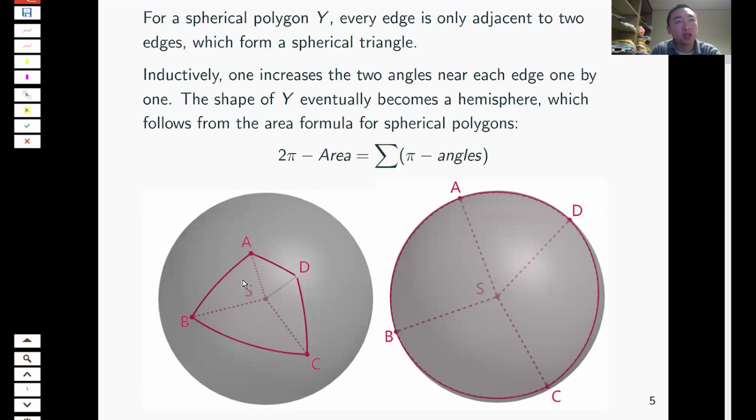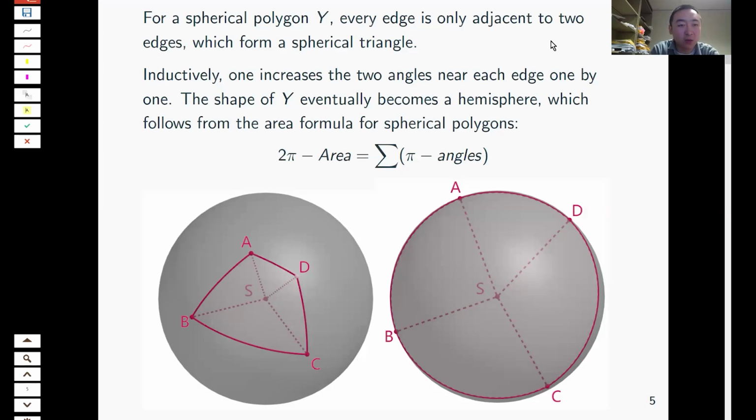If you work on the spherical polygon like this ABCD, you see each edge lies in a triangle. For example, edge BC lies in this large triangle. This is because a spherical polygon has very simple combinatorics: every edge is only adjacent to two edges.